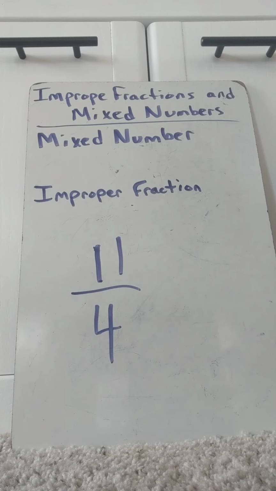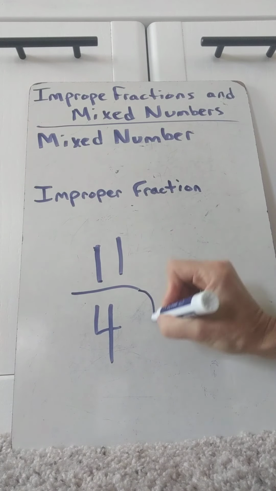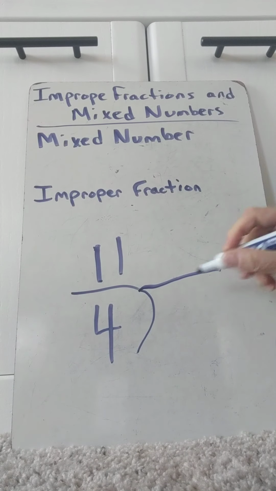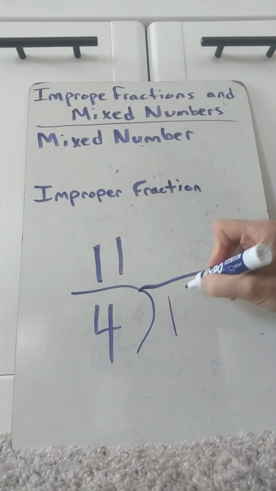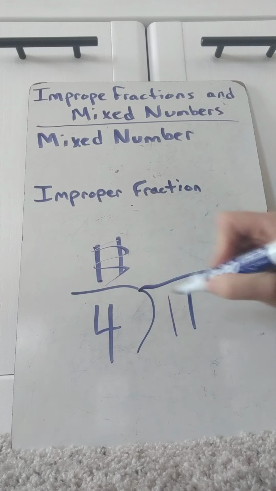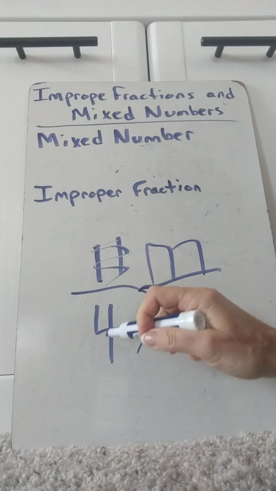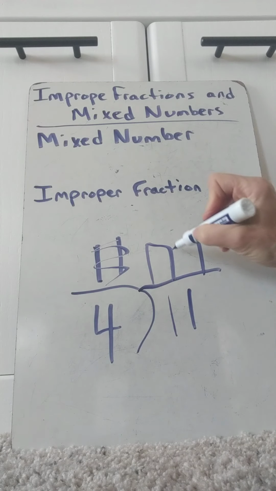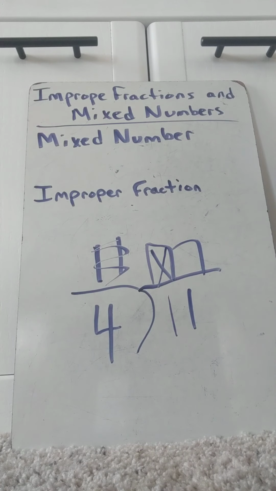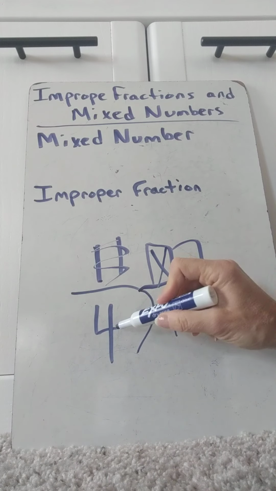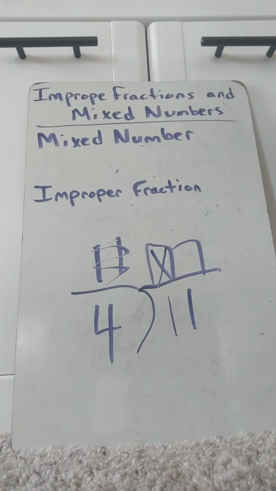Now, to change it to a mixed number, I'm going to divide. I'm going to make my division bracket. I'm going to move that 11 down here, cross him off. I'm going to put my 2 boxes. Can 4 fit inside a 1? No. This is only going to be a 1-digit answer.